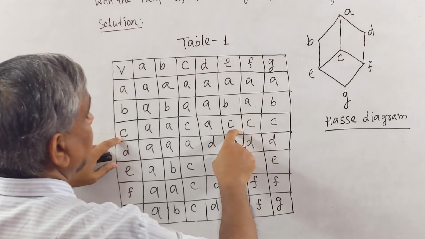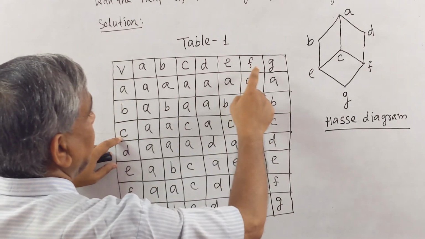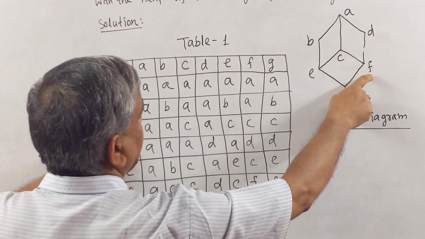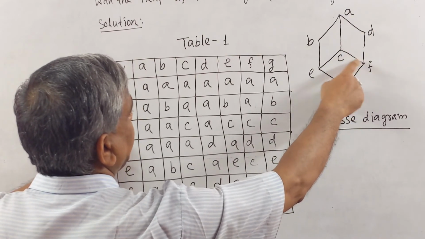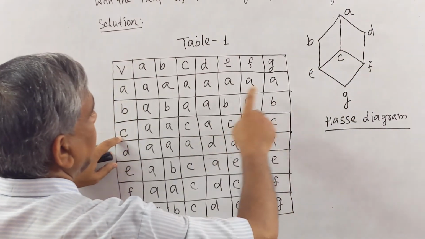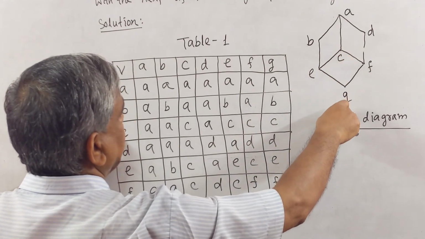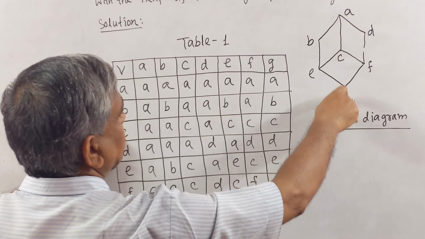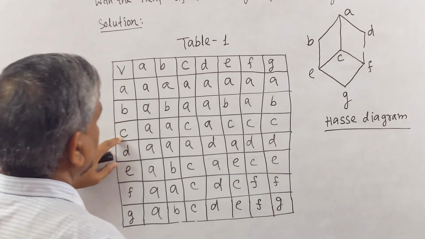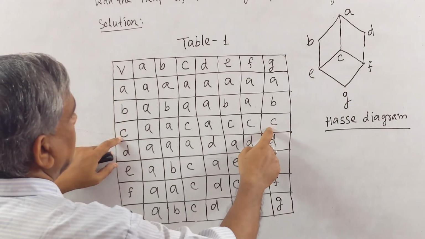So here will be C. C and F will be C. C on the upper position. C and G: G is in the lowest level. So C will be the supremum.